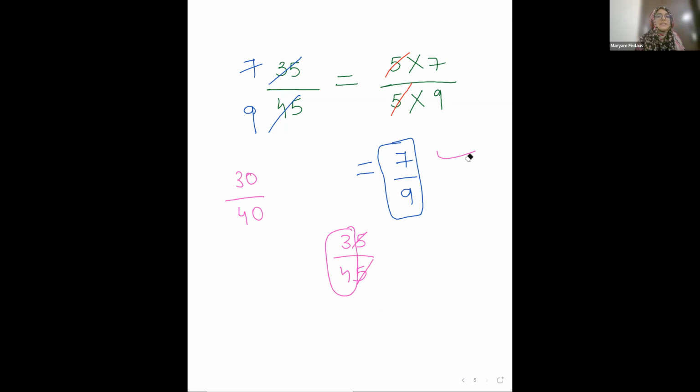Now let's see why we can cancel for 10. Because 30 by 40 actually means 3 into 10 by 4 into 10. 3 into 10 is 30, 4 into 10 is 40. That is a special case with only and only 10. Only with zeros you have this case, not with any other number.